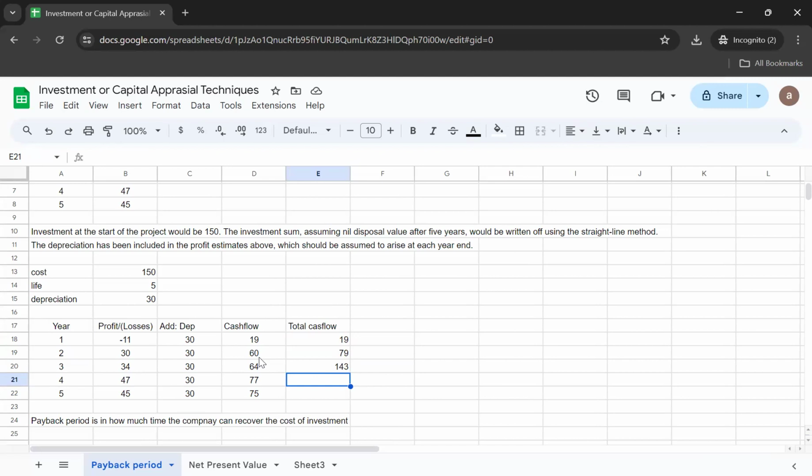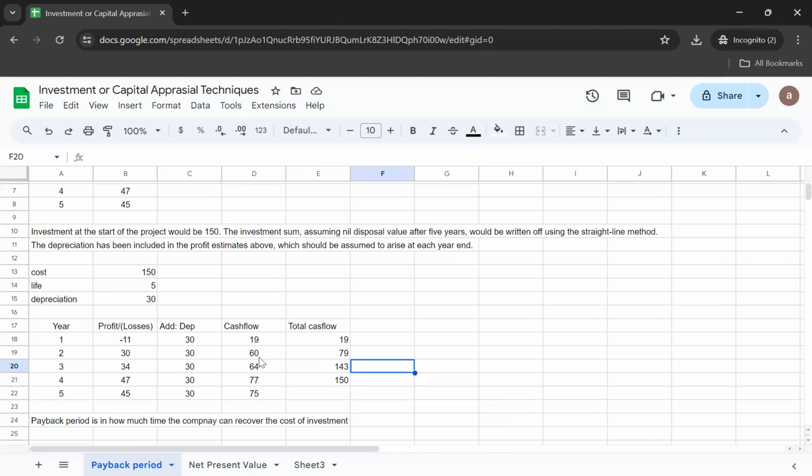So that something could be calculated by 7 over 150, right? I need $7 more here. Let's call this, because this is a cash flow column, 143 plus 7, I have this 150. It's recovered.